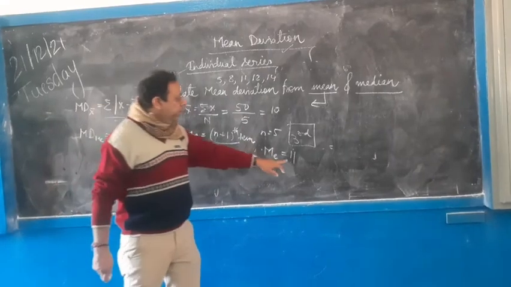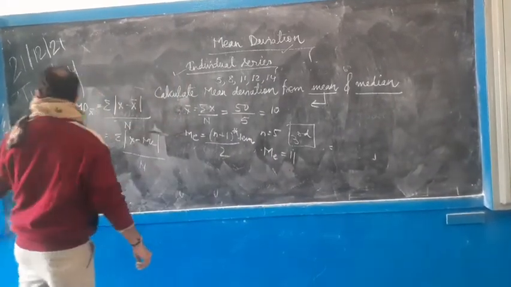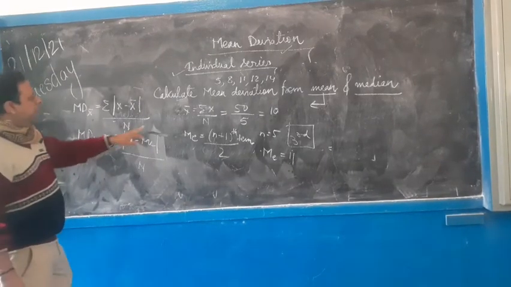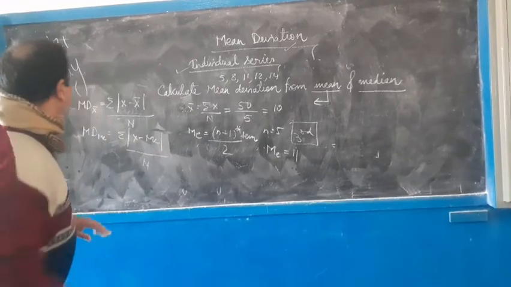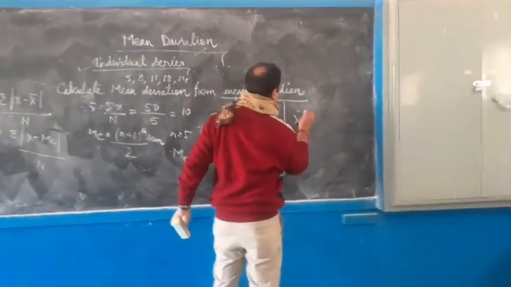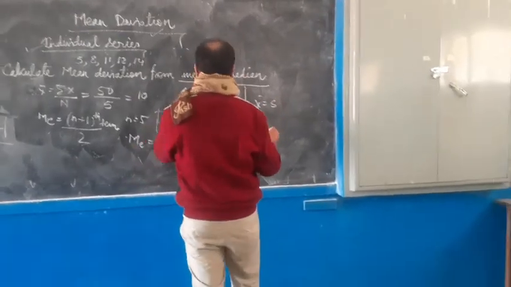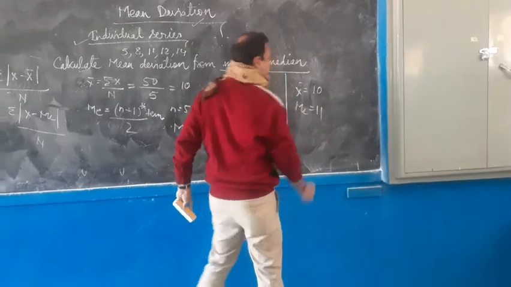So the median is 11 in this question. The mean here is 10 and median is 11. So we will write x bar equal to 10 and median equal to 11.